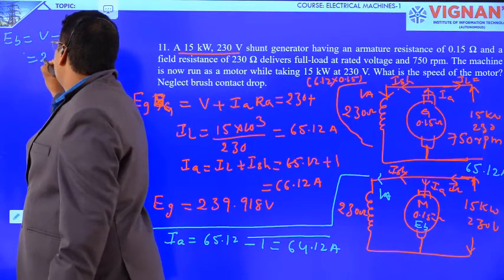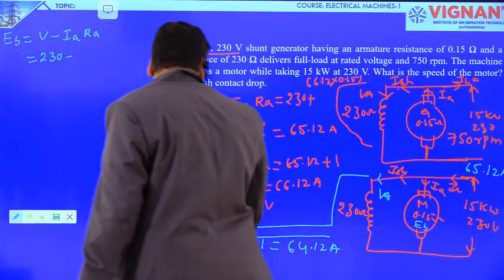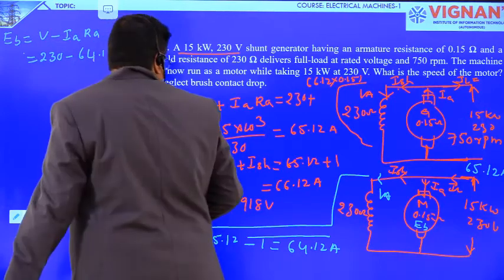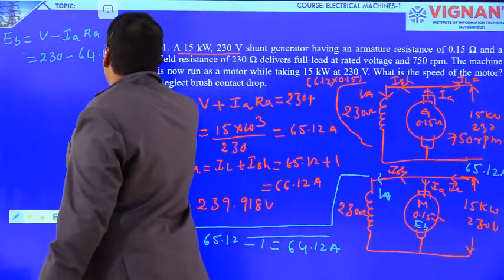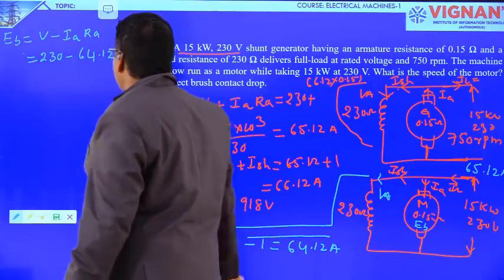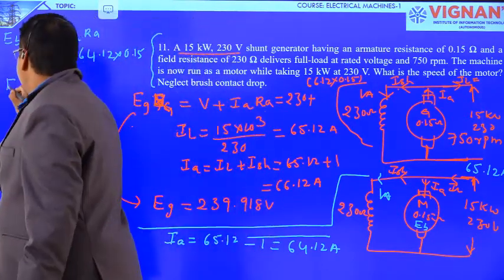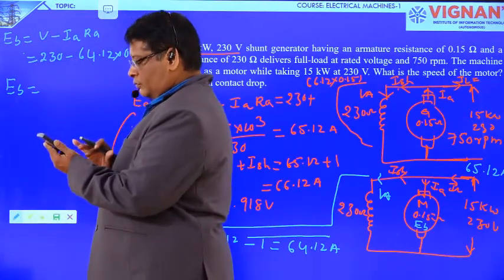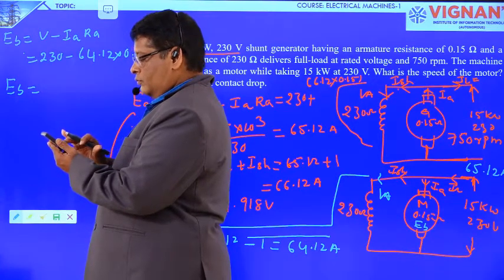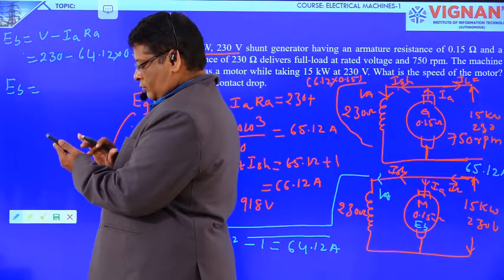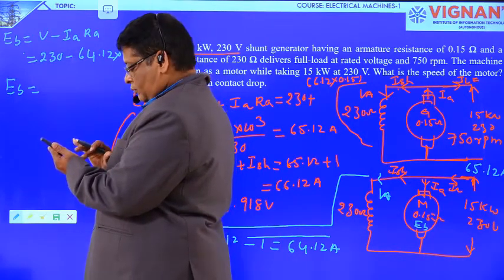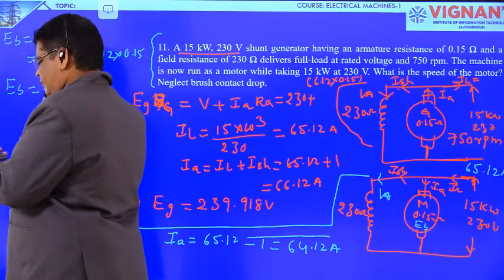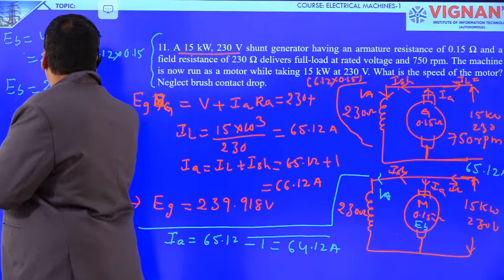Now this is equal to 230 minus IA value, just now we got 64.12, into RA 0.15. Now EB becomes 220.385 volts.